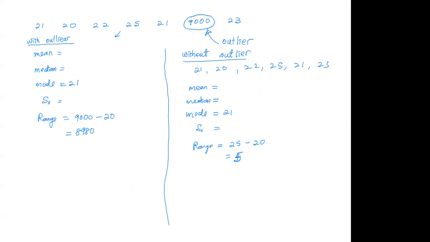Okay, can I have the mean with the outlier? Go to edit, clear. 1,304.57.